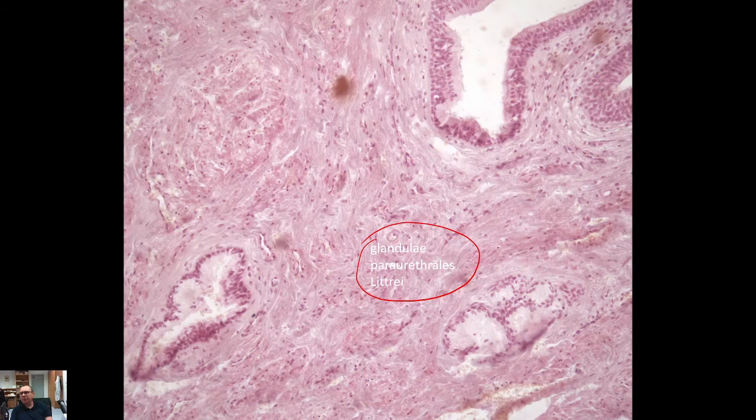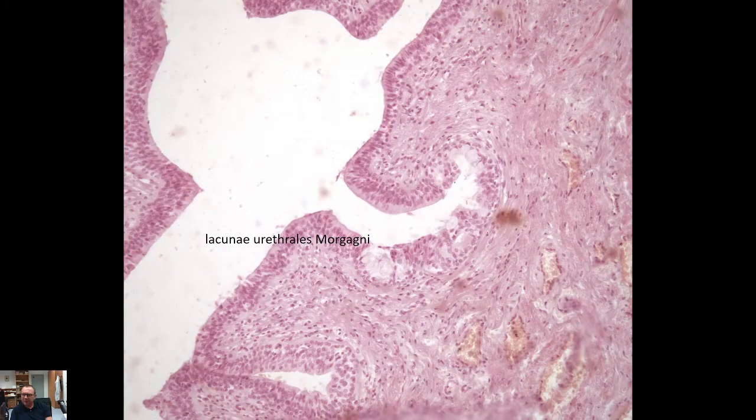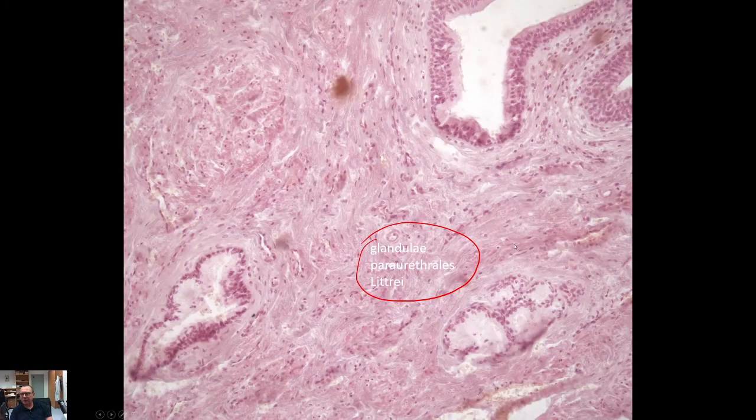And when the epithelium is stratified columnar, we can find groups of mucus producing cells directly in the epithelium. They represent intraepithelial mucus glands, and they are called lacunae urethrales, or urethral lacunae of Morgan. They are intraepithelial glands.